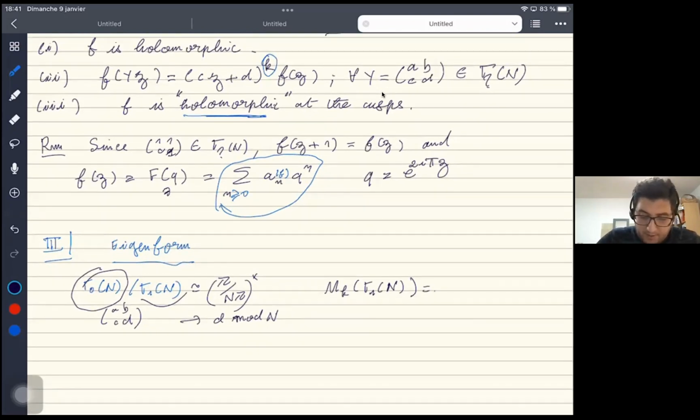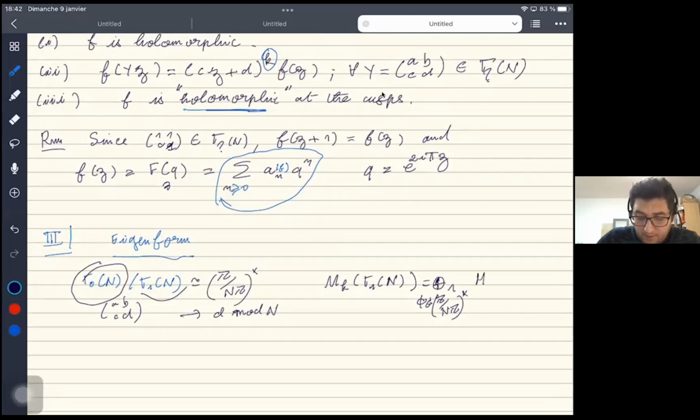So you can write this space as the sum over all the characters phi of (Z mod nZ)^*. And here you get modular forms of level Gamma_0(N) and character phi.